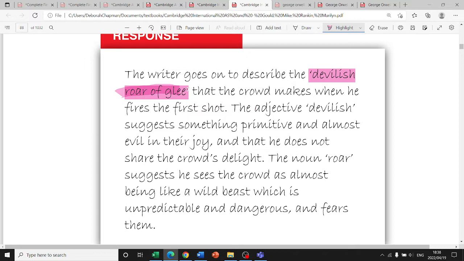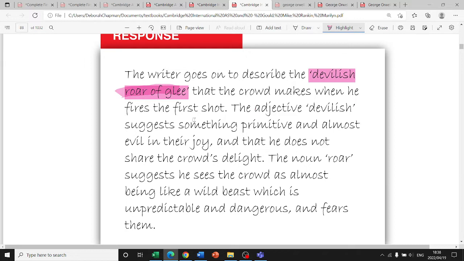So he's describing this crowd as having a devilish roar of glee. Now, you can use this basic structure. The writer describes the devilish roar of glee that the crowd makes when he fires the first shot.